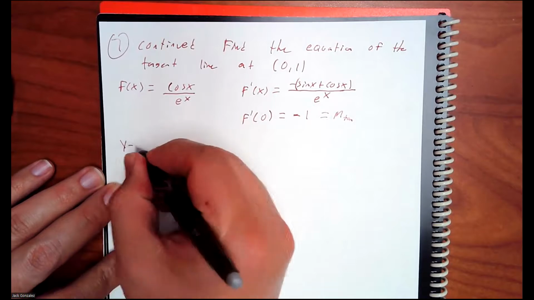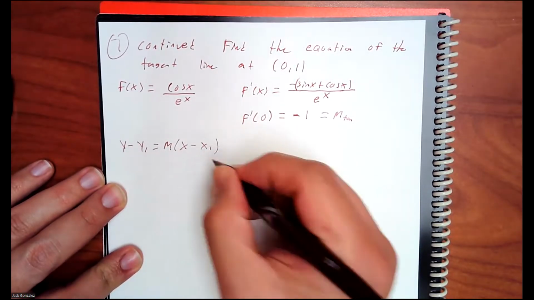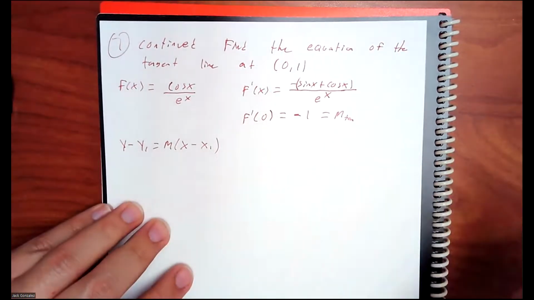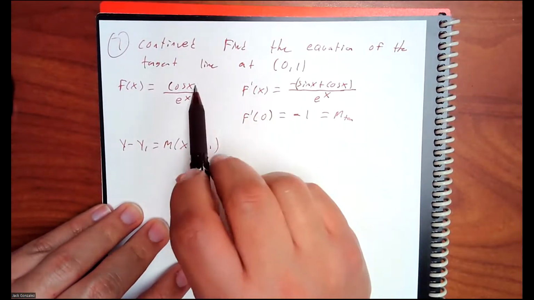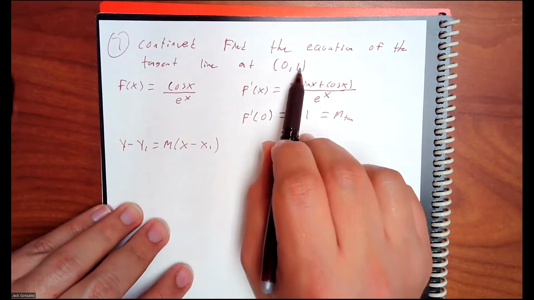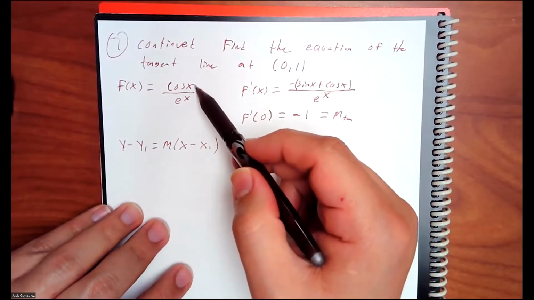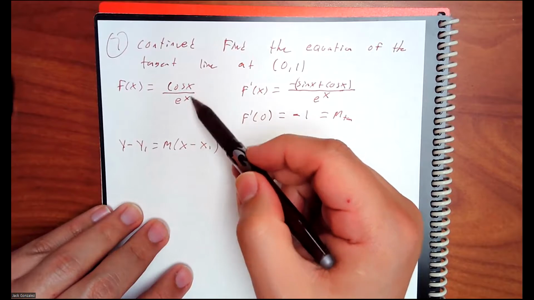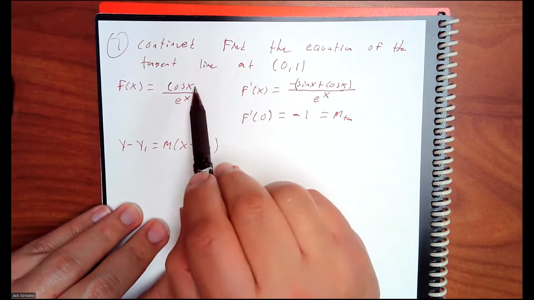Now I told you to use this equation to find the equation of the tangent line. So plug in the point. Now they did not give us the 1, but do you see that if I plug in 0 here, I would get 1? What's cosine of 0? e to the 0 is also 1, right? 1 over 1. So I didn't show that part, but I believe you can plug in 0.